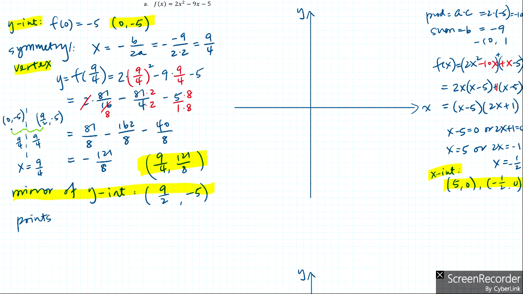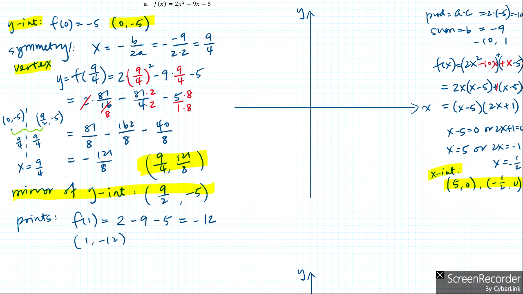These are the additional points. If x equals 1, f of 1 is equal to 2 times 1 squared, which is 2, minus 9 times 1, which is 9, minus 5. Altogether, I would get -7 minus 5, which is -12. So I know the point (1, -12) has to be on the graph.